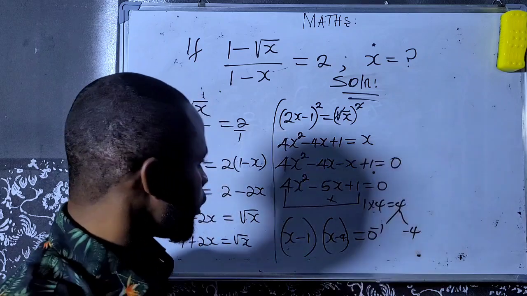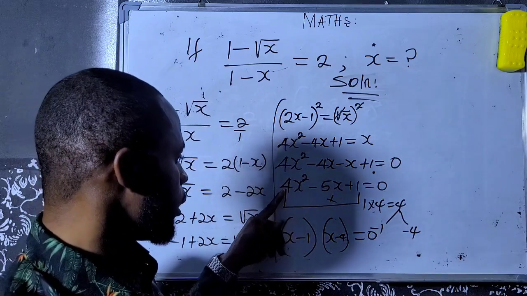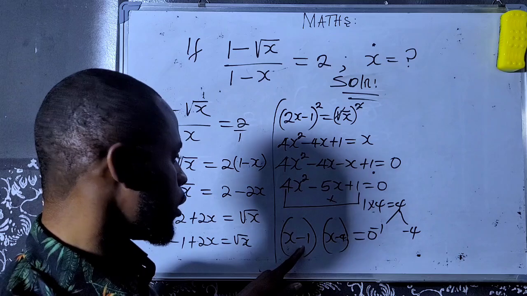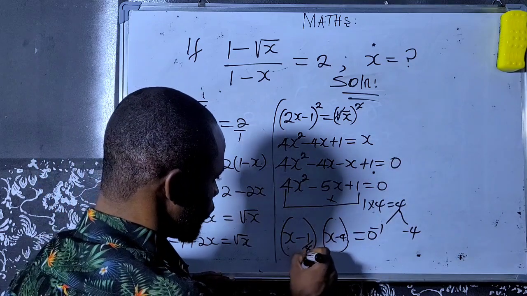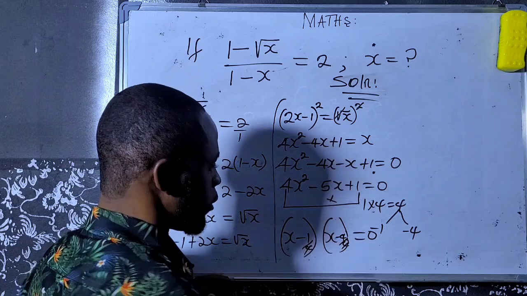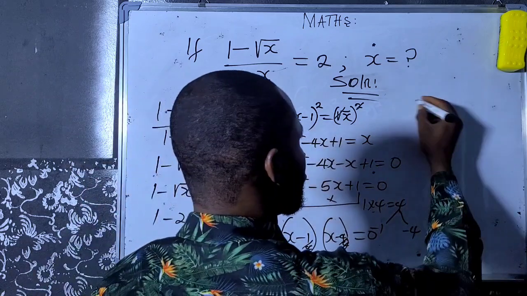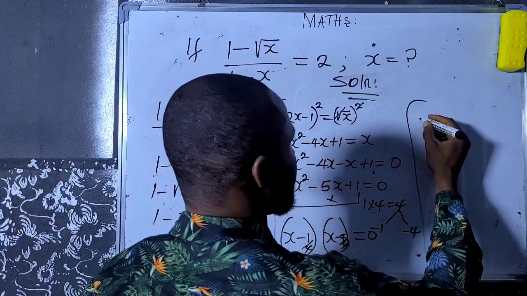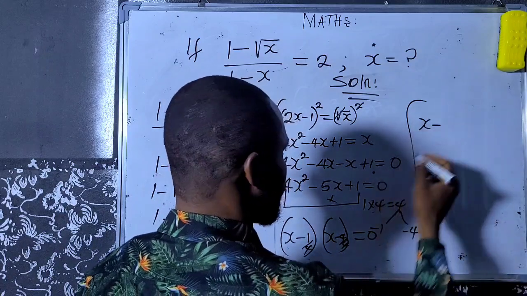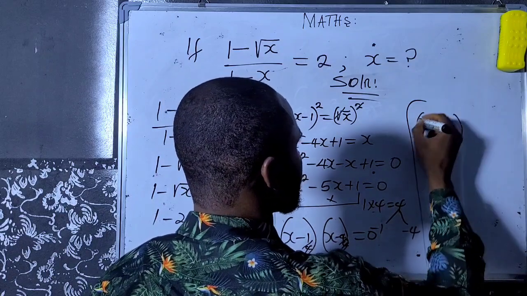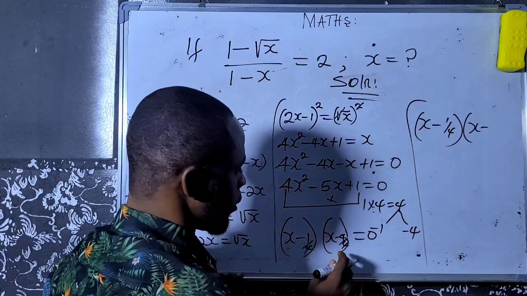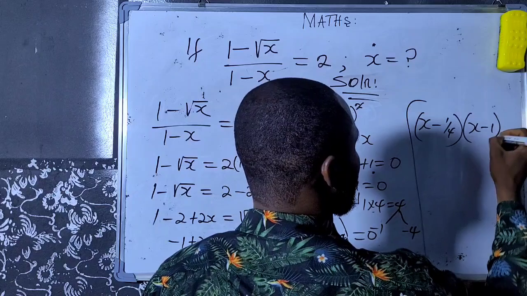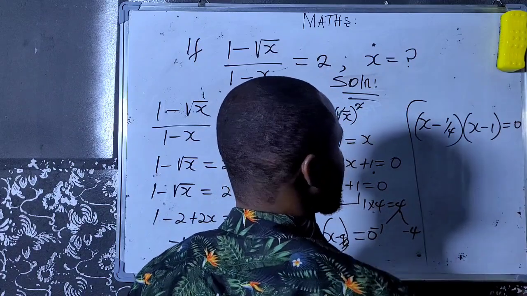Now, since the leading coefficient is 4 here, divide each of the factors by 4. That is, you are going to divide here by 4 and also divide here by 4. Now the equation becomes (x minus 1 over 4) into (x minus 4 divided by 4). That gives us 1, and this equals 0.